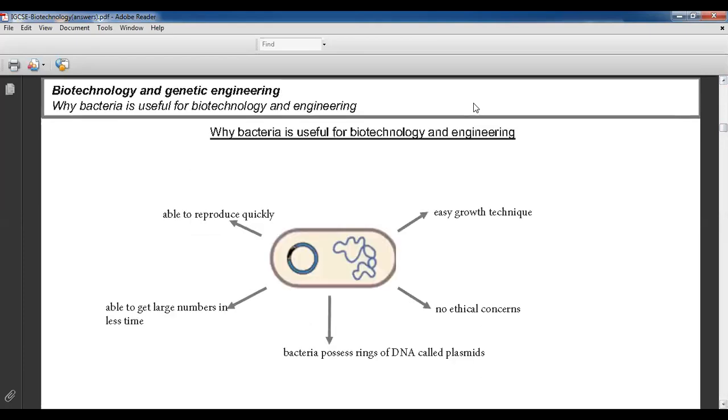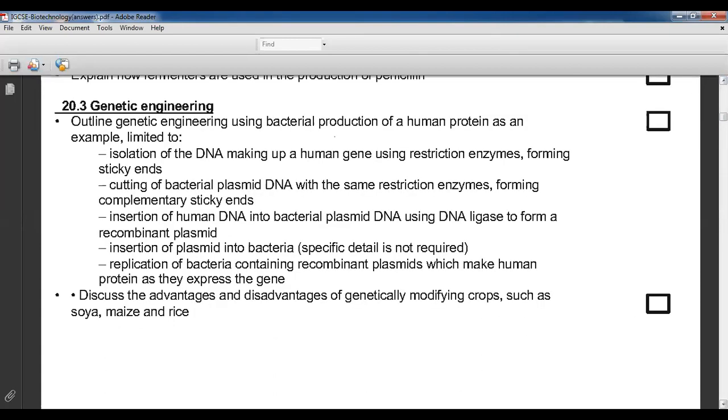The first question is why bacteria are useful for biotechnology and genetic engineering. First of all, you should be clear about biotechnology and genetic engineering. What is meant by genetic engineering? Genetic engineering is the field of biology in which we modify the genome of an organism, in which we modify the DNA of an organism.